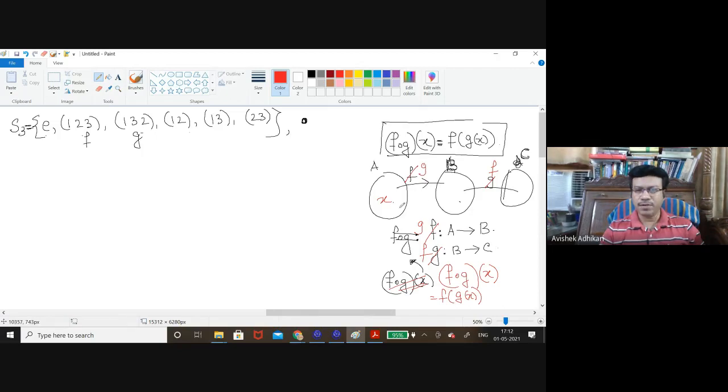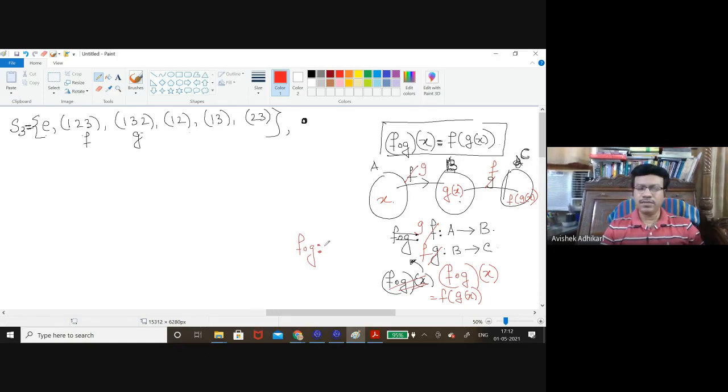So if I start from here, G of X, that means G of X should be here, right? And then if I apply F on it, I will have F of G of X. So ultimately, F compose G is a mapping from where to where? Quickly tell me.